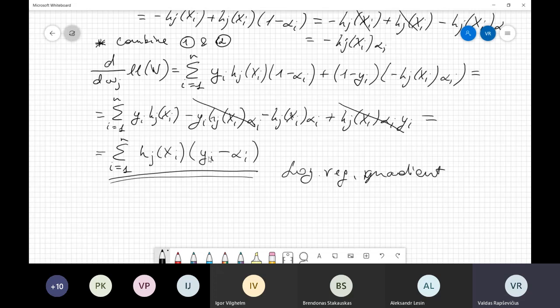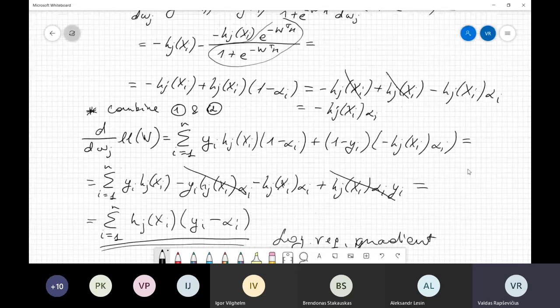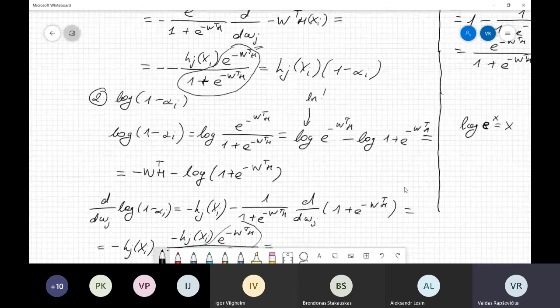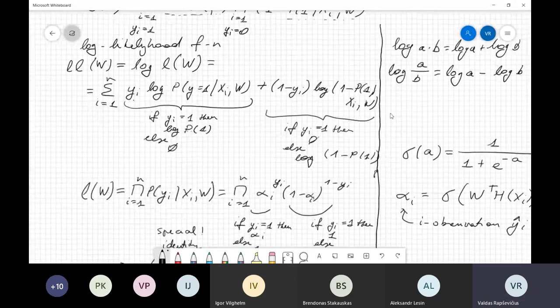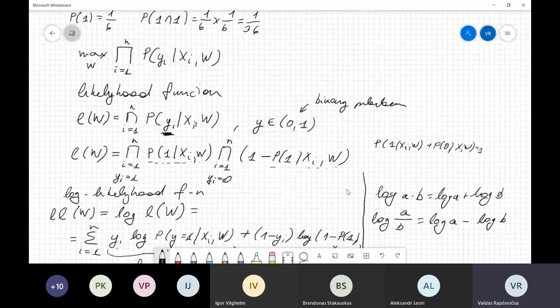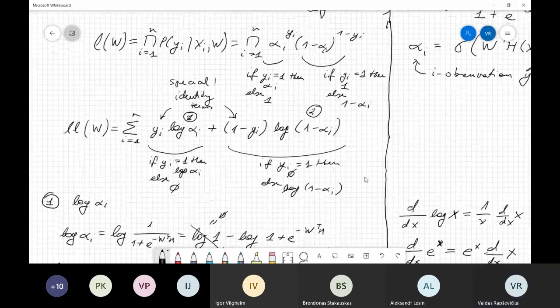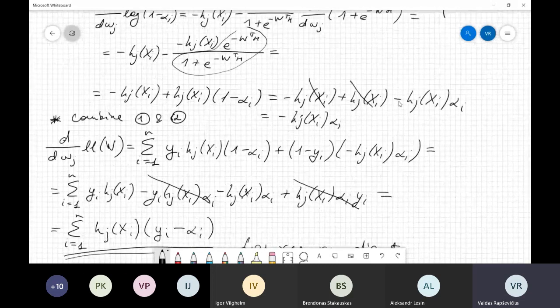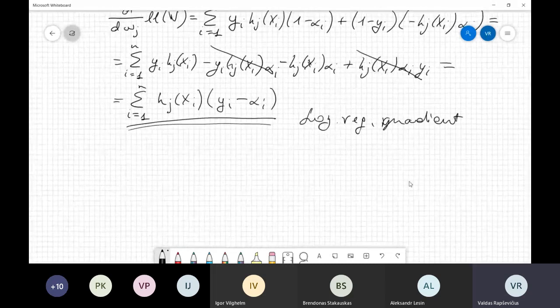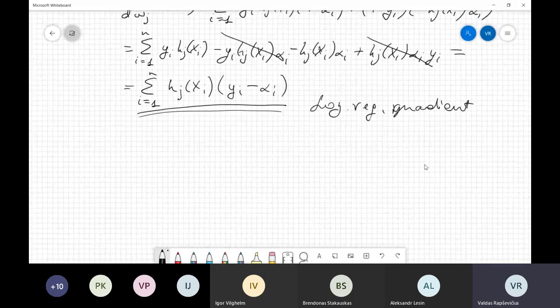So this is exactly the same. You see, we have made so many calculations, so many derivatives, on the long whiteboard, but we have come up to the same solution, right? And this is incredible, right? The same solution can be found from such a long way.